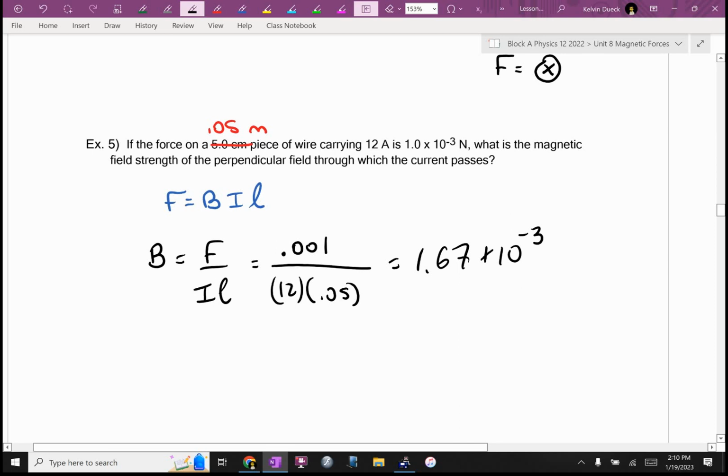Is that right? 0.0016 repeating. Yes? Units. Get to use Teslas. Capital T. Always nice to learn a new unit or use a new unit for the first time.